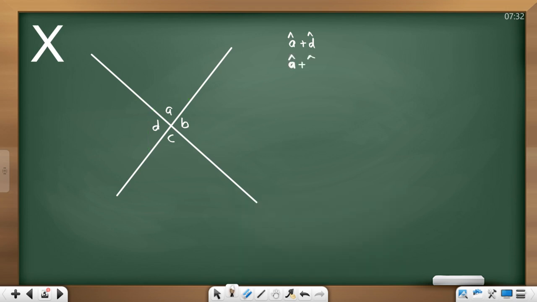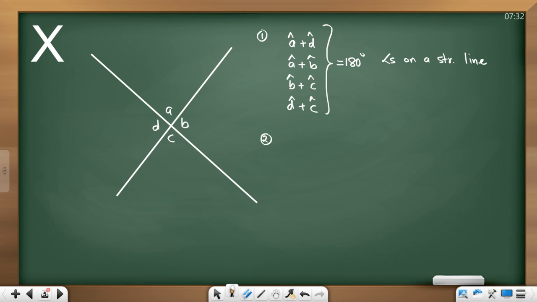Angle A plus angle B. Or angle B plus angle C. Or angle D plus angle C. All of these are equal to 180 degrees and they have the same reason which we have looked at. Angles on a straight line. So that is number 1.